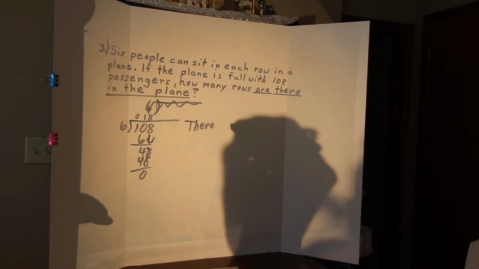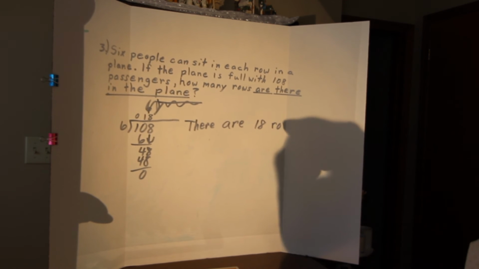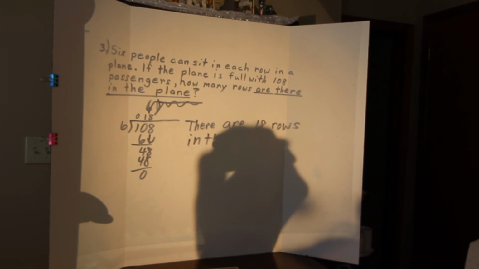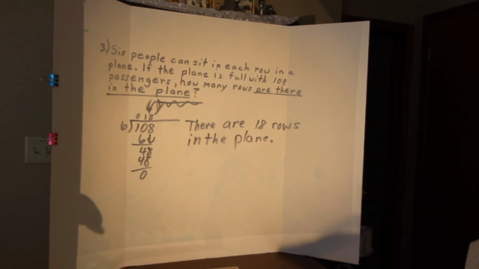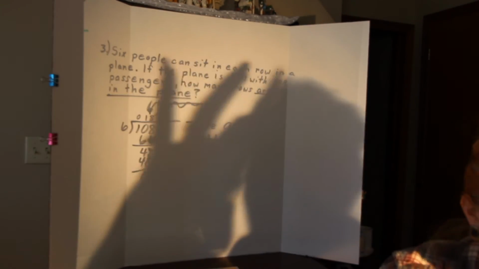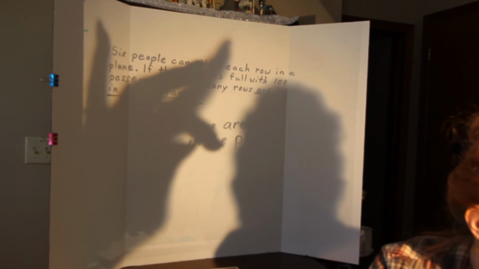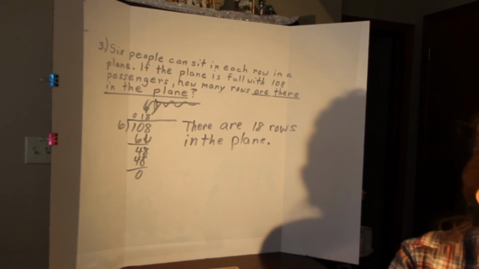There are 18 rows in the plane. So we used a little bit of a reverse word order, and then we supplied our answer. Put a period at the end, capital at the beginning.